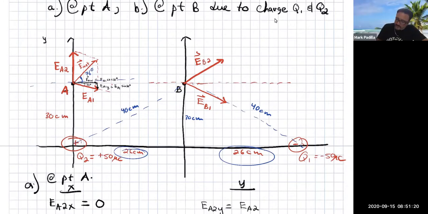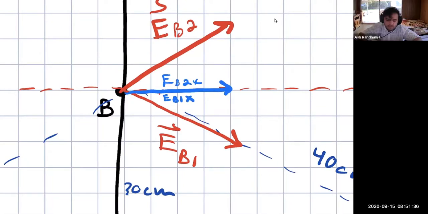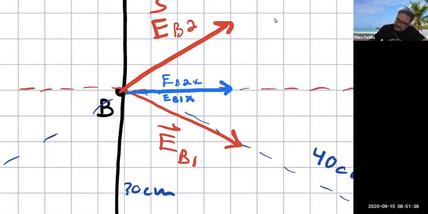So if we look at EB1, we get EB2x. Then we get EB1x. Would you say both of those point in the same direction? Yes. Then you get EB2y, and then you get EB1y.